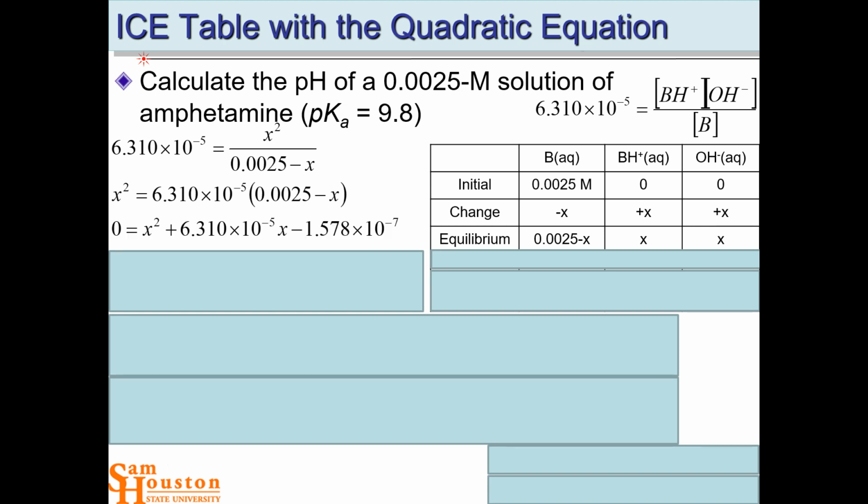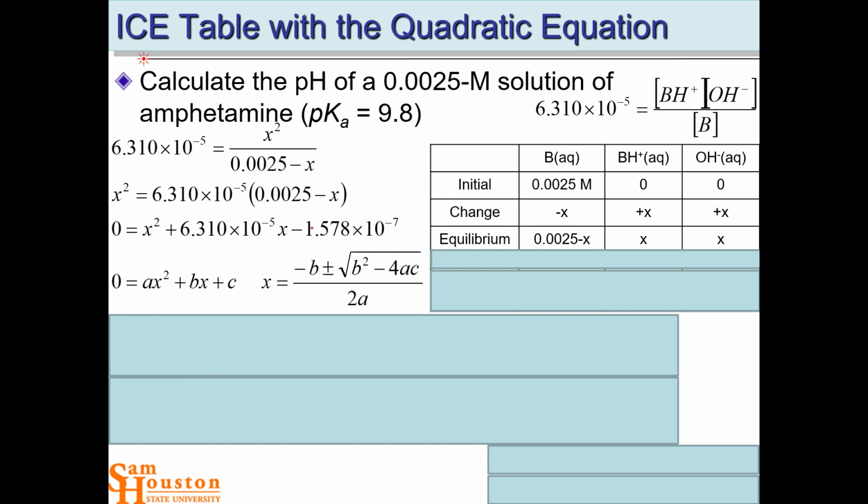And then we're going to put it in standard form, where we have a in front of the x squared, b in front of the x, and c is our constant. This is the form we need for the quadratic formula. So go back and review that. Make sure that you can write that out.